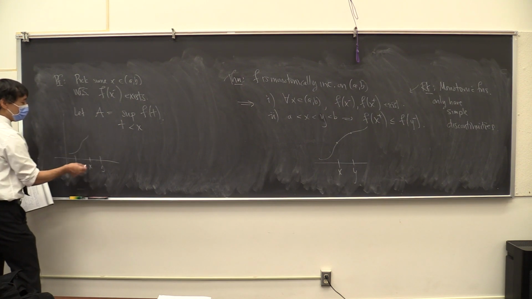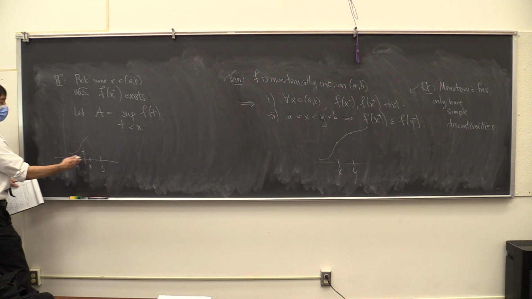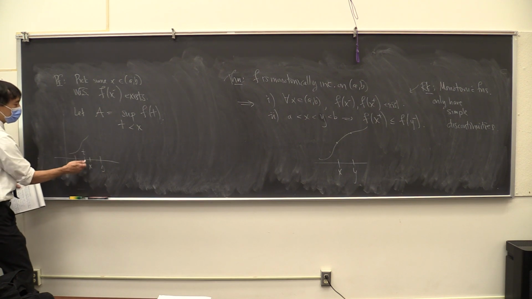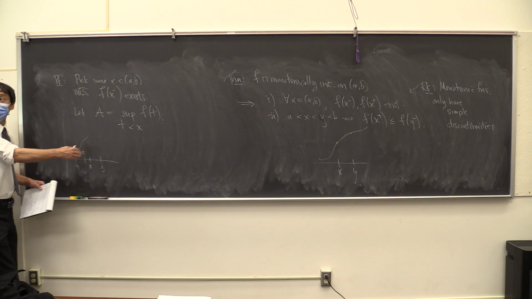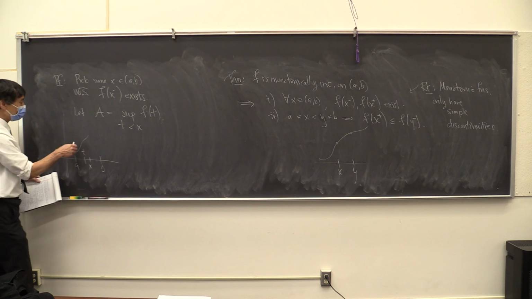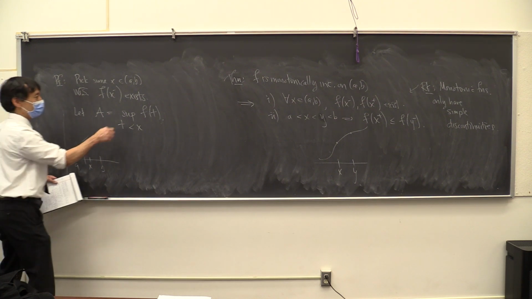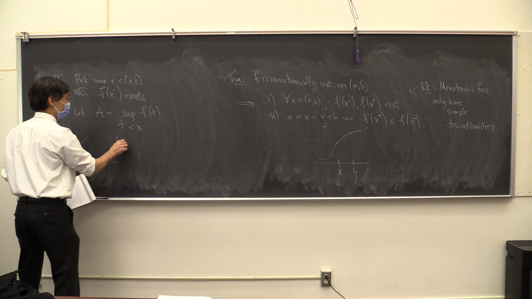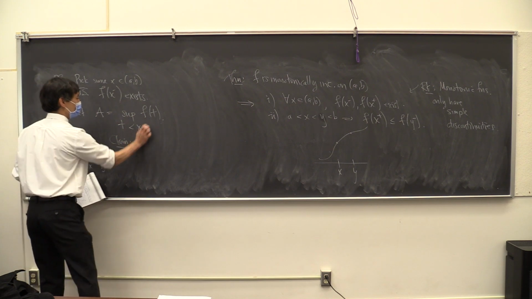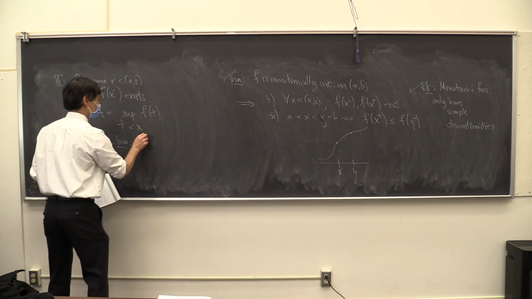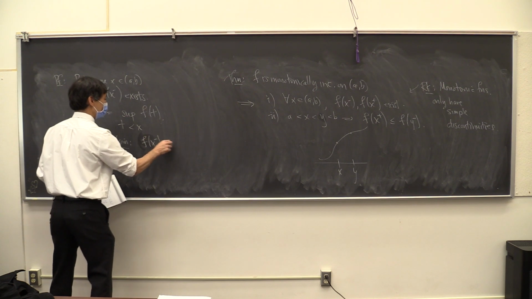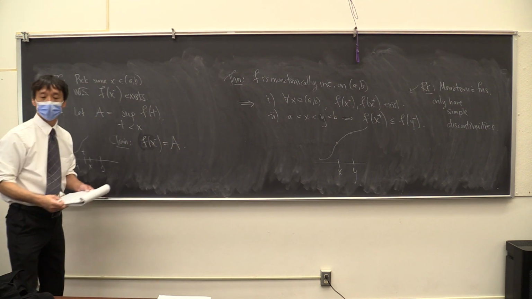You take all the values, let t be anything smaller than x, and then you look at all the f of t's and take the supremum of that. We claim that the left limit is A.